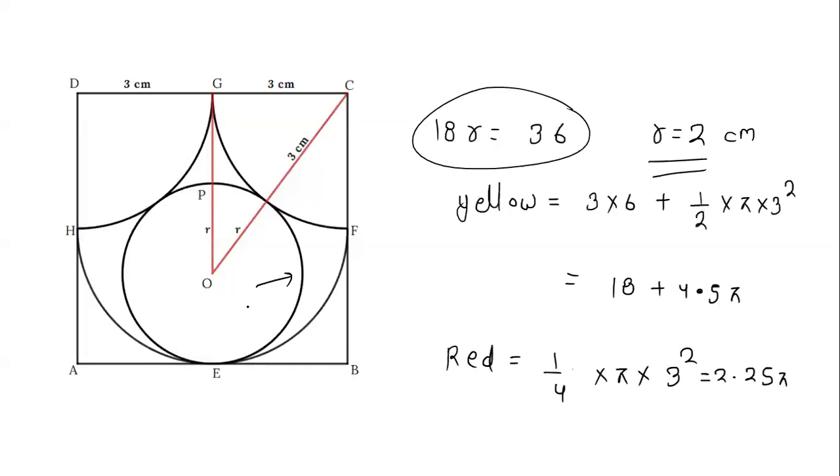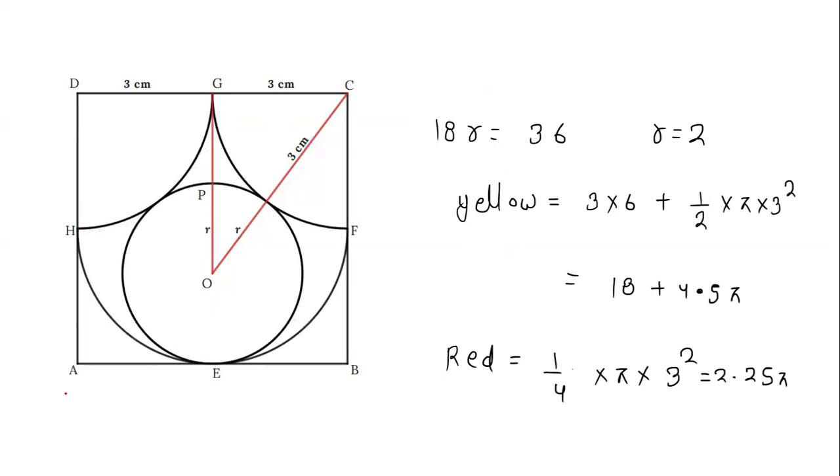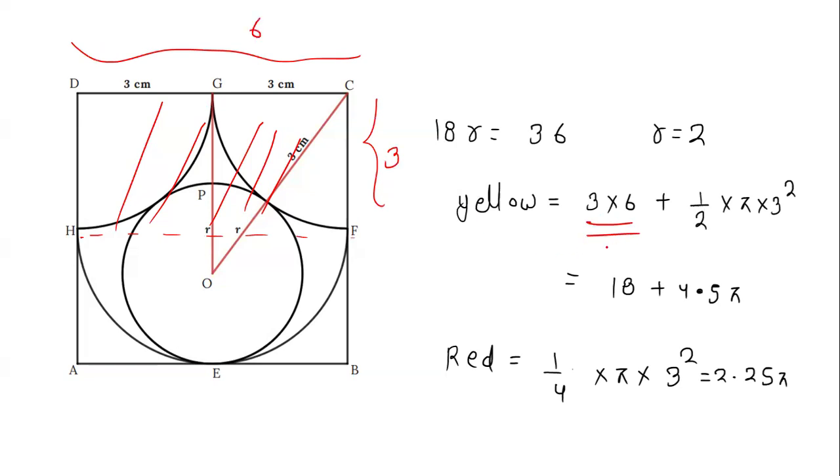Now we know all the quantities and we can calculate all the areas. Let's initially calculate the yellow area. The yellow area is this area plus this area. This area is half of the square area, which is 3 times 6.